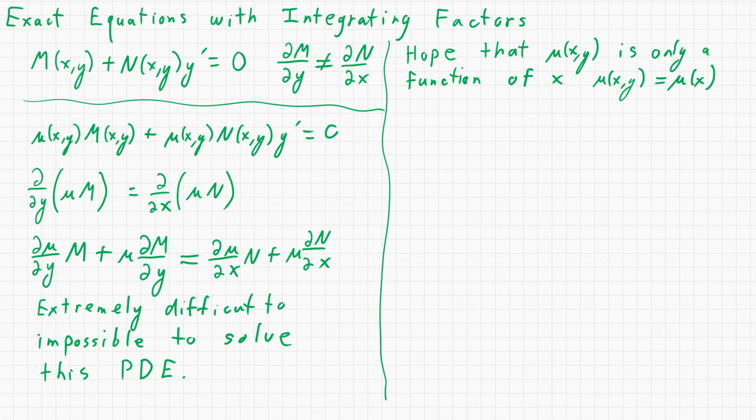If that's true, then partial mu partial y is equal to 0 because there are no y's inside of mu.